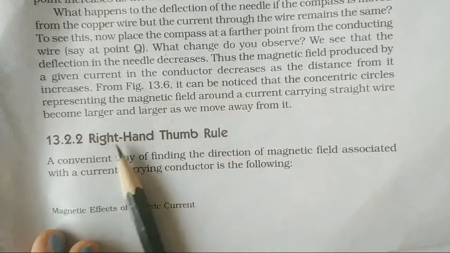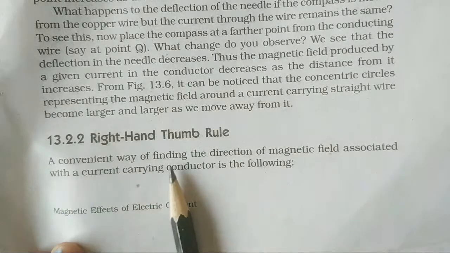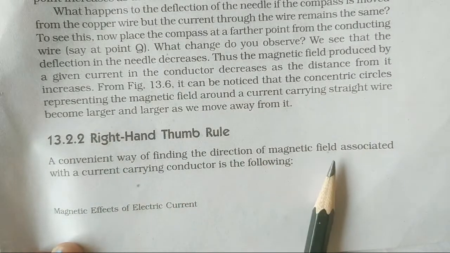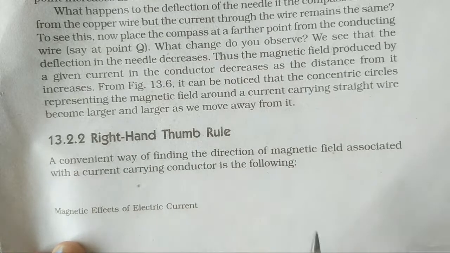Right hand thumb rule. A convenient way of finding the direction of the magnetic field associated with a current carrying conductor is the following.